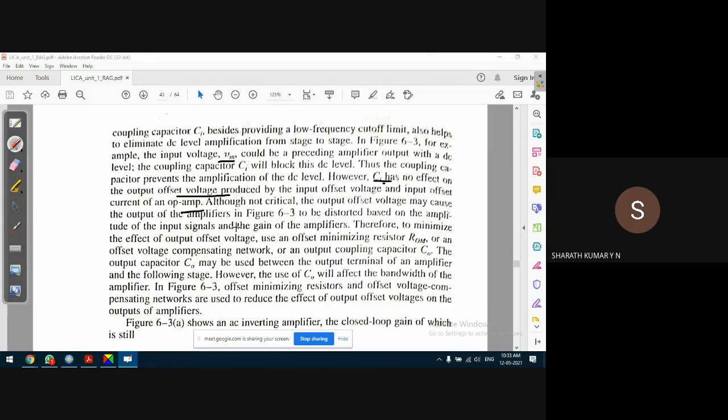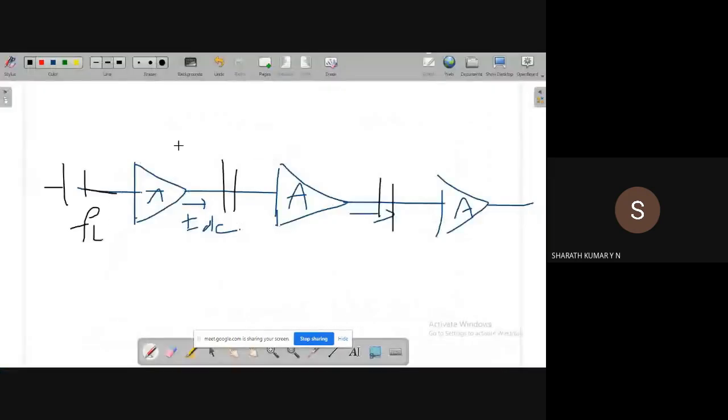However, the output offset voltage may cause the output of the amplifiers to be distorted, based on the amplitude of the input signals and the gain of the amplifier. What the author is trying to say is that the output offset voltage will affect the operation of the next stages of the amplifiers.